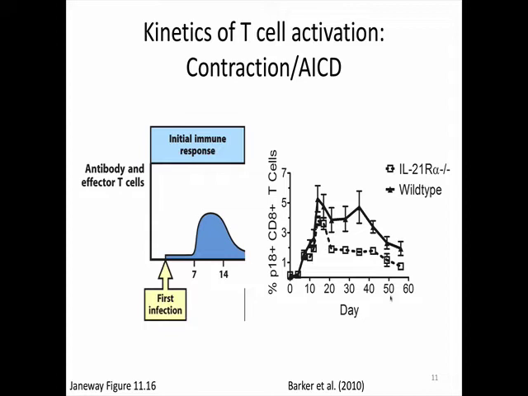What you will notice is that at the point of infection, it takes a little while for our response to come up. You can see that our response does come up pretty nicely to some level, but eventually our response, in fact, comes back down. That's known as the contraction phase, or AICD, which stands for activation-induced cell death.